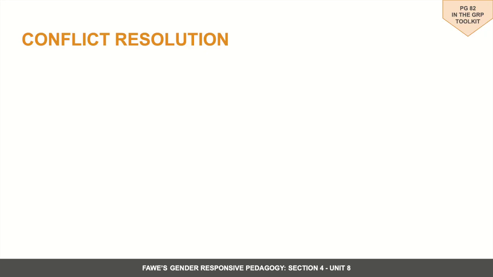Conflict management and resolution is a critical life skill. Conflict resolution protocols are helpful in schools and classrooms and can be practiced before a conflict arises so students know what to do when conflict arises. Here is the conflict resolution protocol.